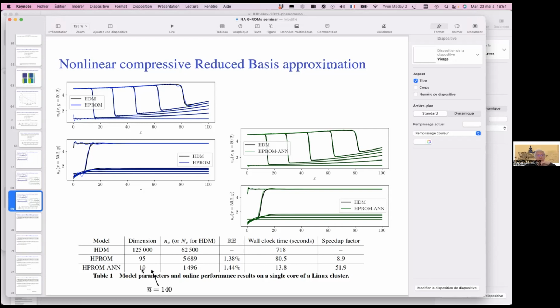map that goes from R10 to R130. Okay, so which is pretty easy to do. Okay. Right. But it still needs to be large enough to generate that 140 linear reduced basis spaces first. Am I getting that correctly? Yeah, absolutely.